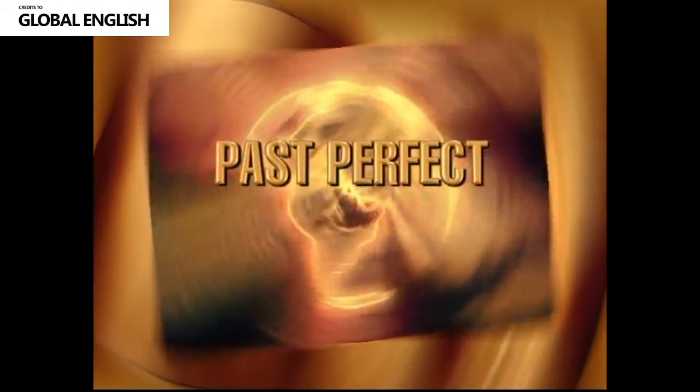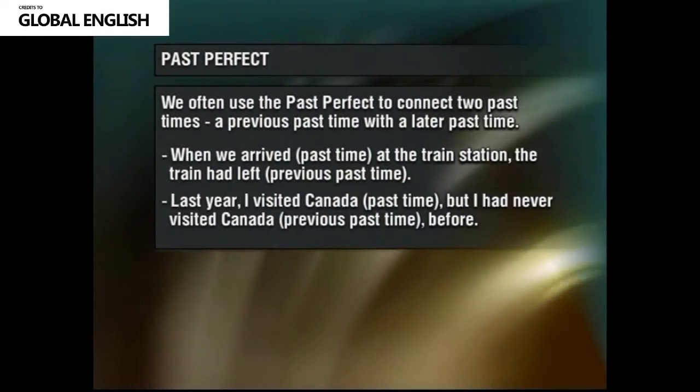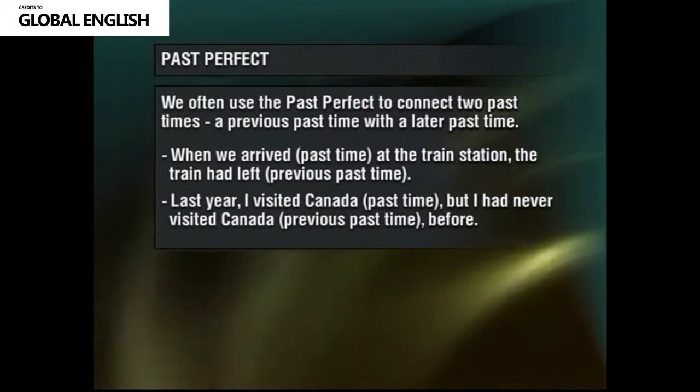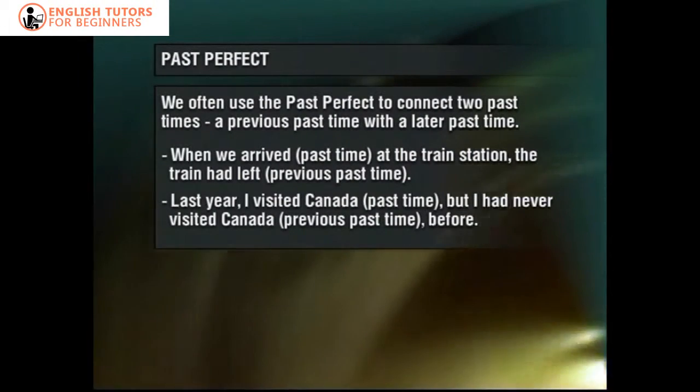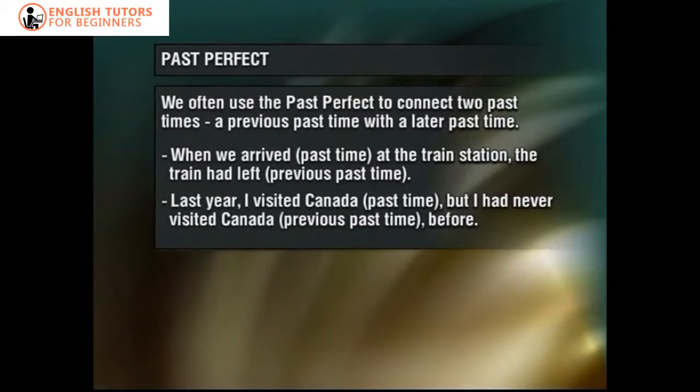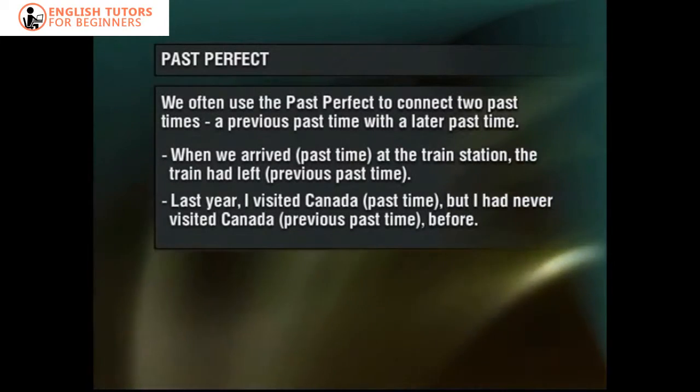In day-to-day life, we talk about actions or events that occurred before a certain past time. To do so, we use the past perfect to connect the two past times. We often use the past perfect to connect two past times, a previous past time with a later past time.